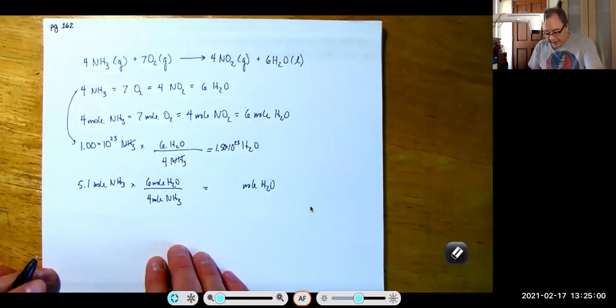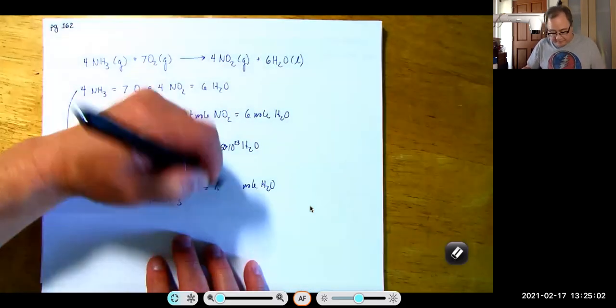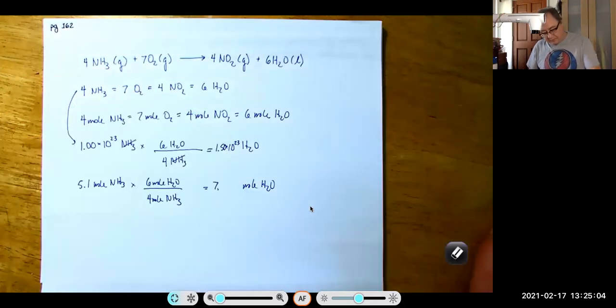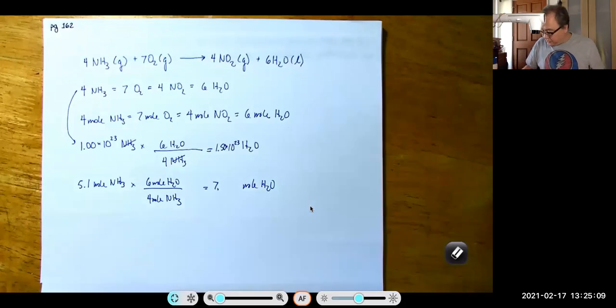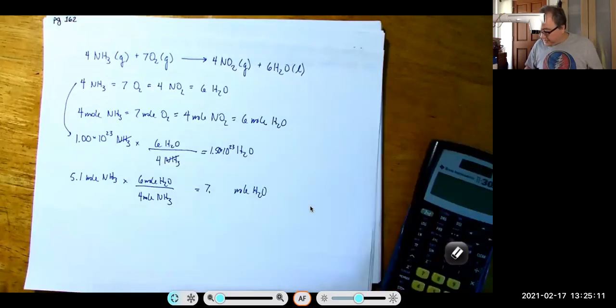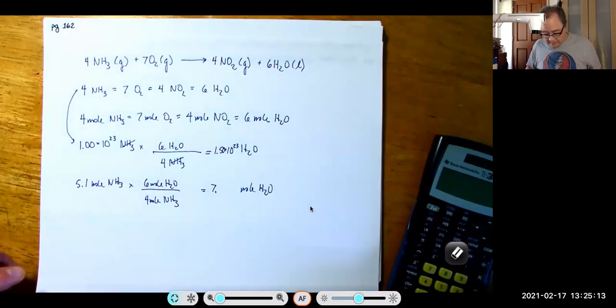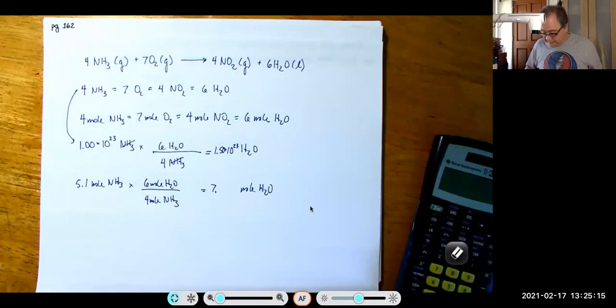And we would end up with an answer of 7.6 or 7.7. Let me actually get the correct number, sig figs. It's going to be 7.7.